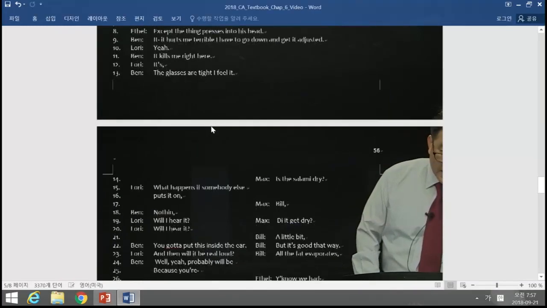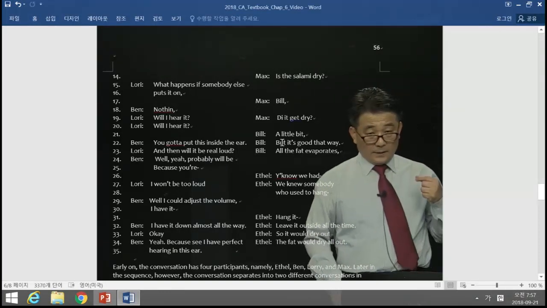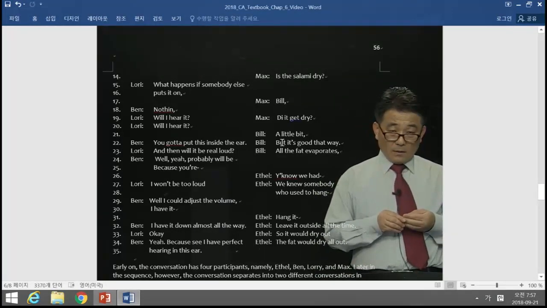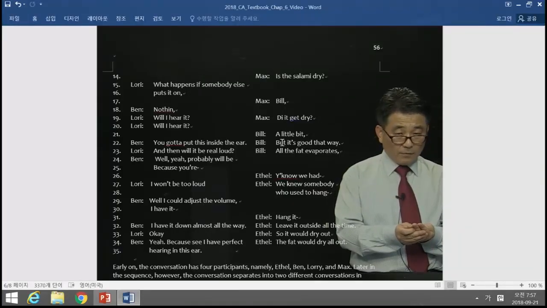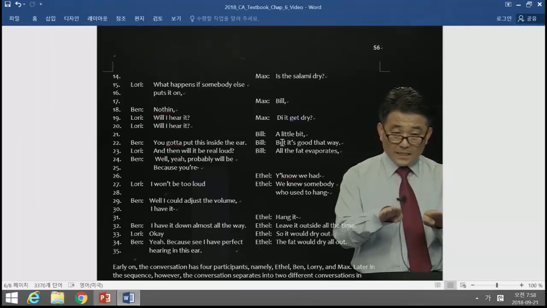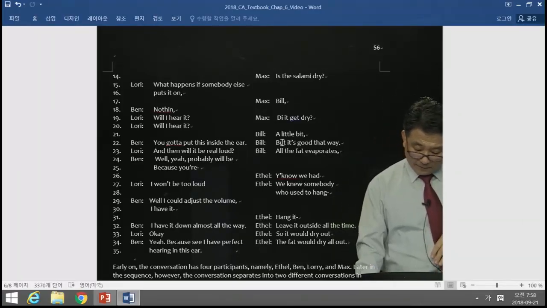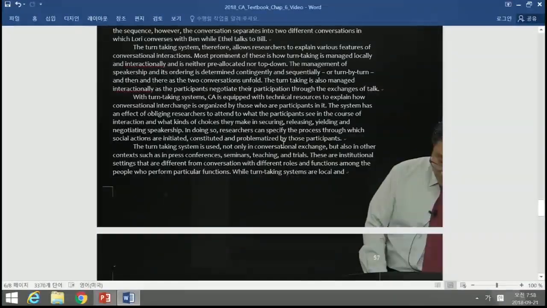And then later on, there are 2 conversations. The first one is Louis and Ben. These 2 are talking. And then Max and Bill are talking. So if there are more than 3 people, if there are 4 people, then it is possible for 2 conversations to spread out from an initial 1 conversation. Okay? So later on, let's look at this part.